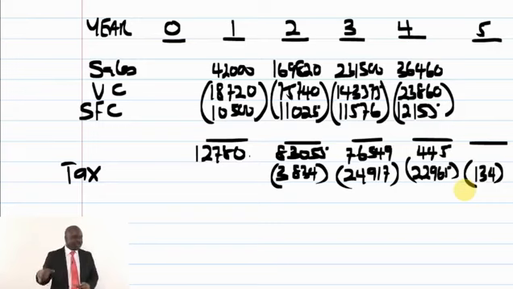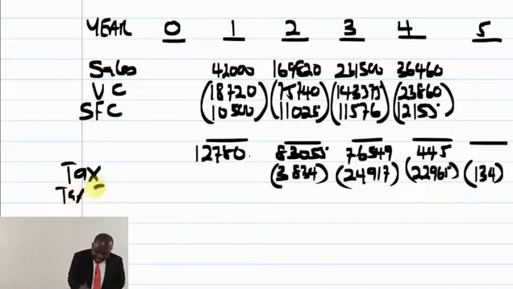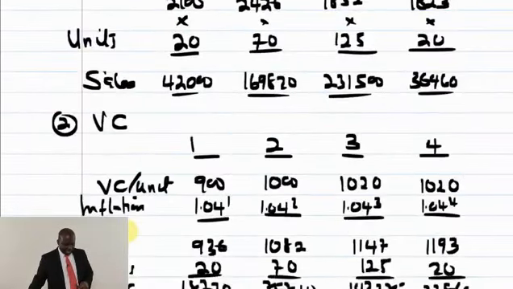We also have to sort out tax savings on capital allowance. Okay, so now let's see the tax saved on capital allowance. So let's go down there. We go and do workings on tax savings on capital allowance quickly.